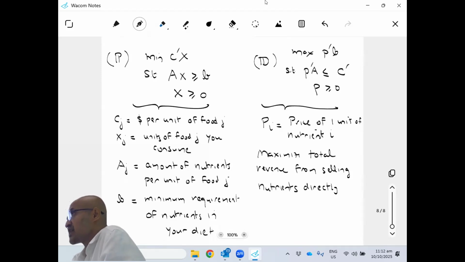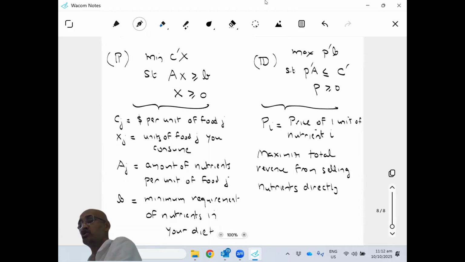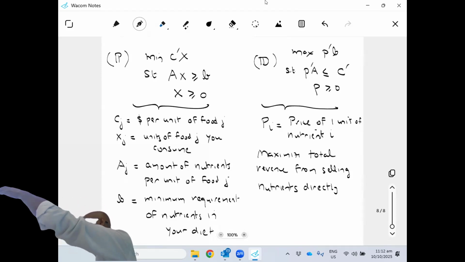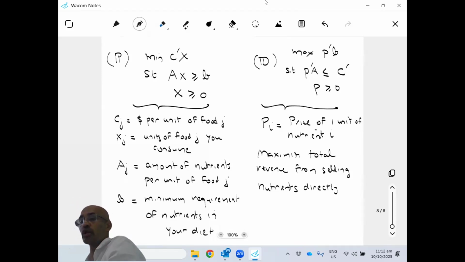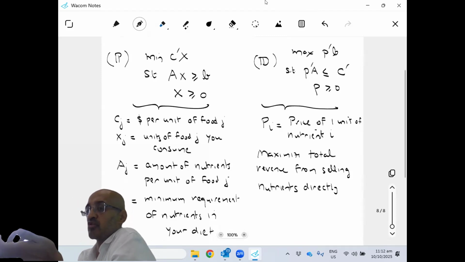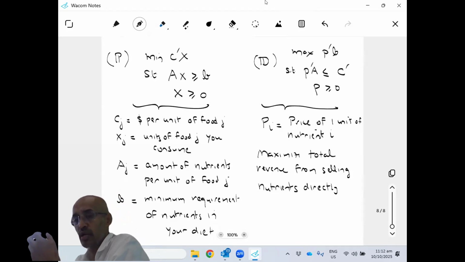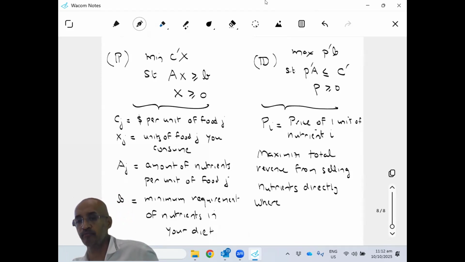The pricing should be such that consuming these nutrients directly is cheaper than buying a packet of noodles. You will only buy in this nutrient market if it is cheaper, because I can get the same amount of nutrients by consuming one packet of noodles. So I will maximize the revenue from selling nutrients directly, where the prices should be chosen.